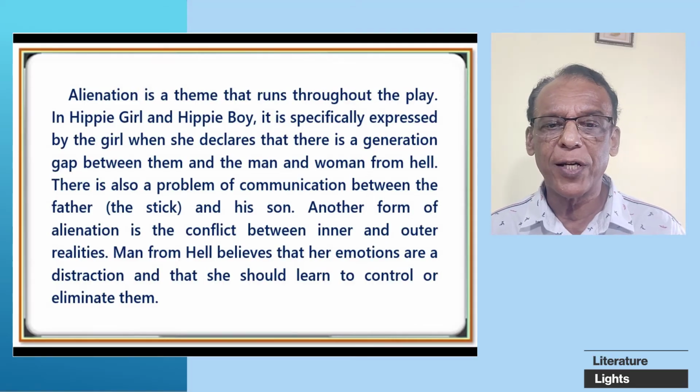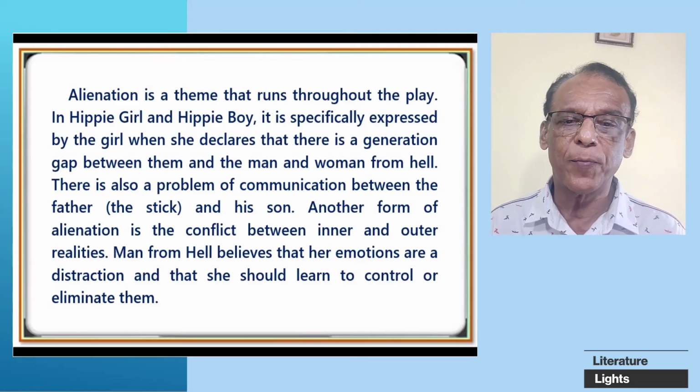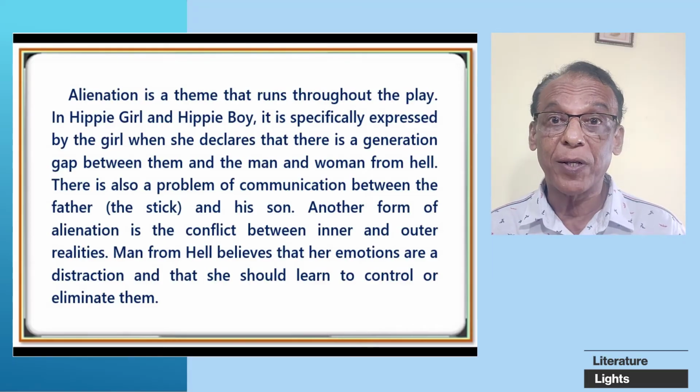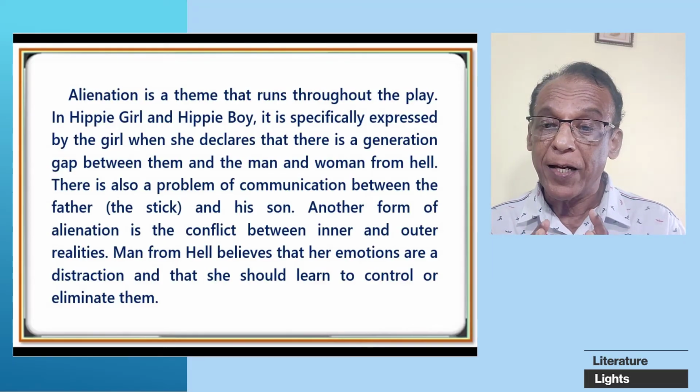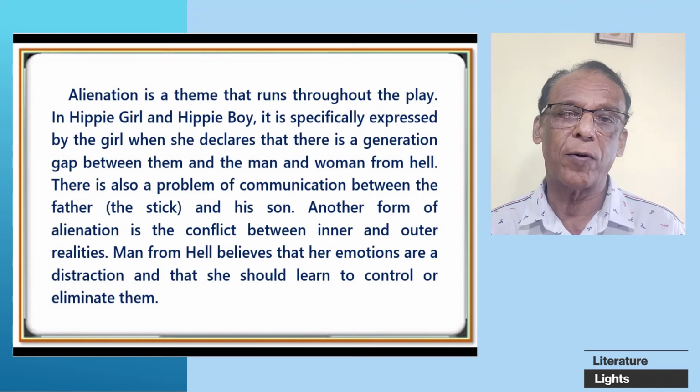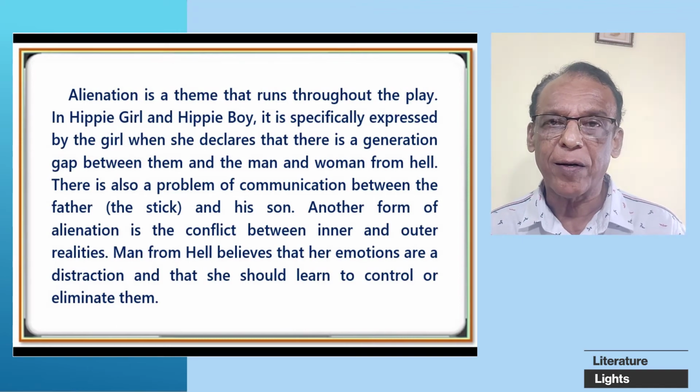Another form of alienation is the conflict between inner and outer realities. Man from hell believes that the emotions of the woman from hell are a distraction, and that she should learn to control or eliminate her feelings.